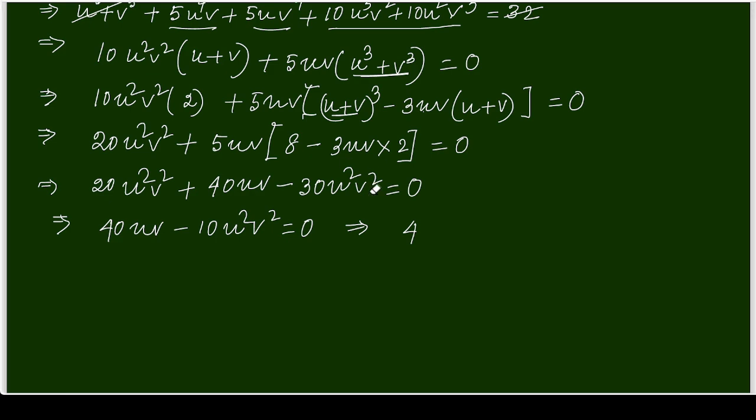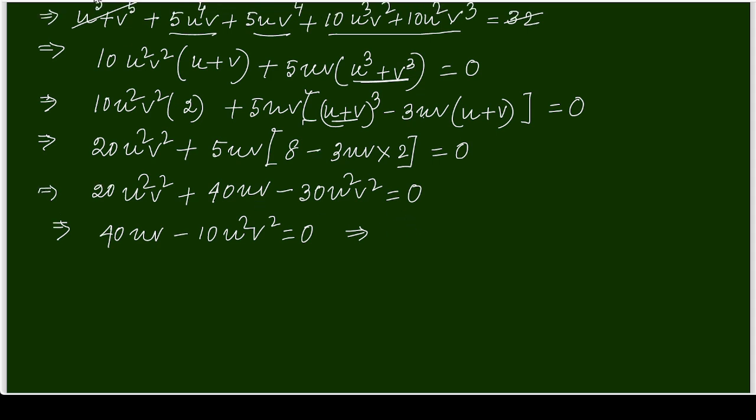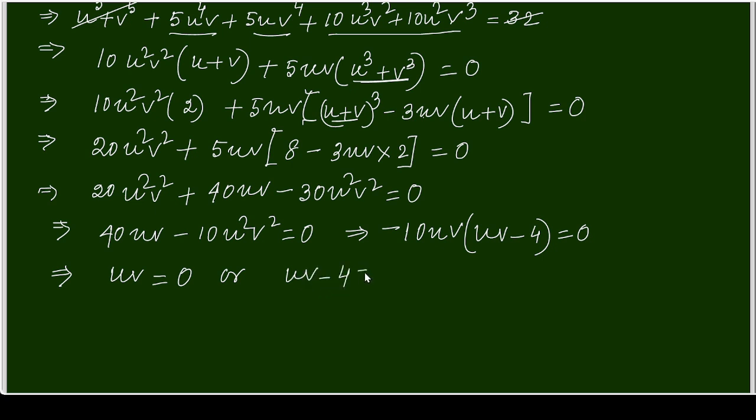I'm taking 10 uv common, so I'll get uv minus 4 is 0, taking the minus outside. This gives us either uv equals 0 or uv minus 4 equals 0, so uv is equal to 4. So uv can be 0, uv can be 4.